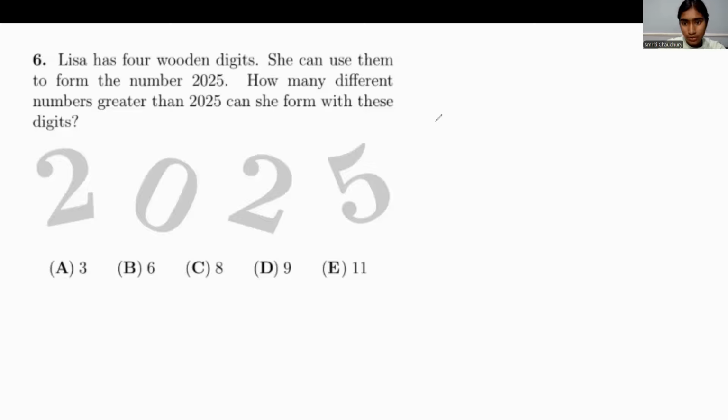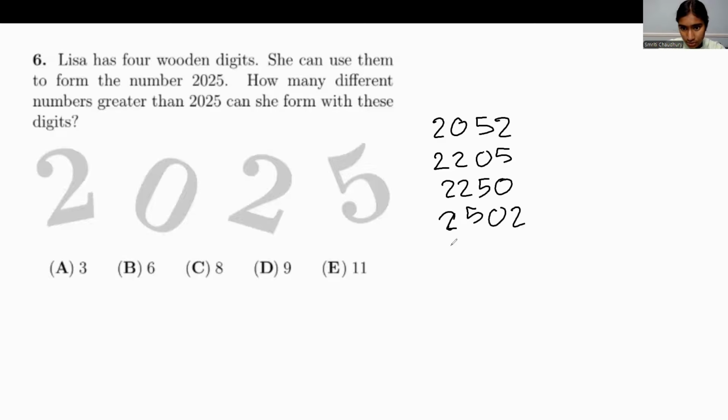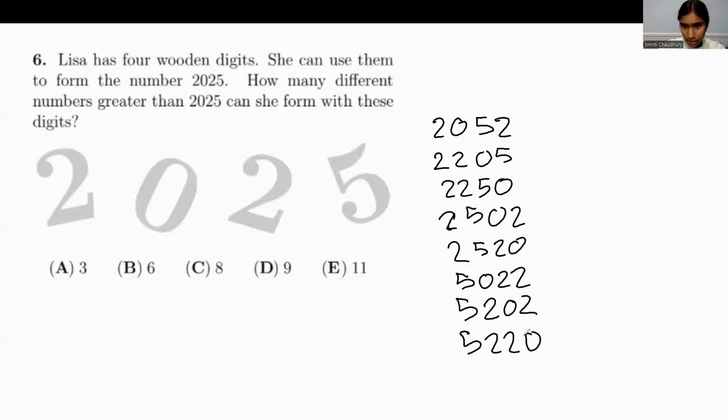So we've got 2, 0, 5, 2, 2, 2, 0, 5, 2, 2, 5, 0, 2, 5, oh, that's a 2, 5, 0, 2, 2, 5, 2, 0, 5, 0, 2, 2, 5, 2, 0, 2, and 5, 2, 2, 0. And if we add them all up, we have got 8 numbers. So our answer is C.